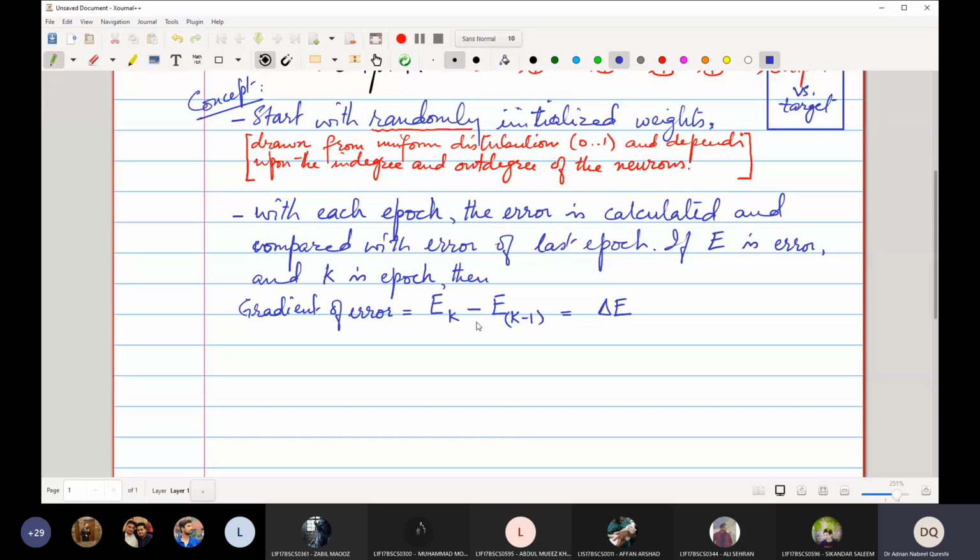You will get a value which will tell you whether the gradient is increasing, ये आपको पता है, whether it is almost horizontal, ये मैंने almost इसलिए लिख दिया because you will not get zero gradient. अगर zero आ जाए तो excellent हो जाएगा, but it will be almost horizontal, or whether it is decreasing. These are the three possibilities. Why?